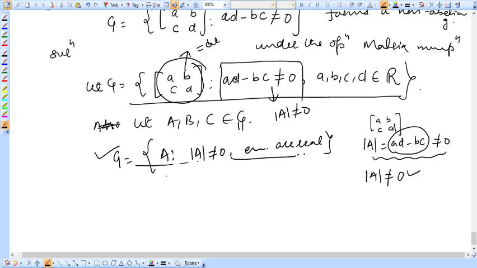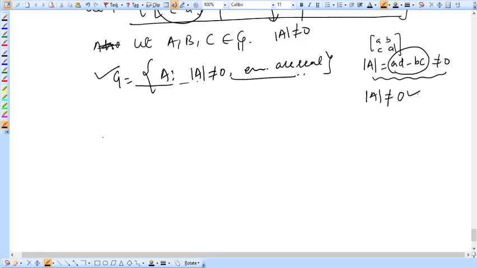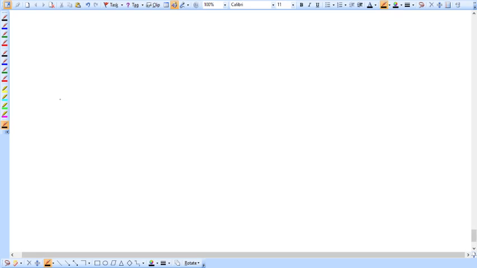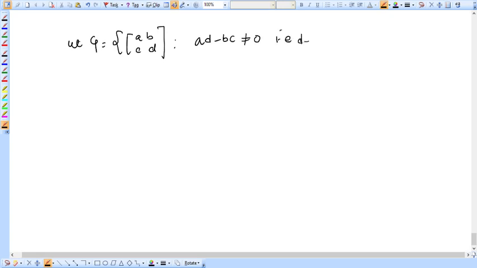So in this case he is trying to say that we are given a set G, such that it contains all those matrices such that AD minus BC is not equal to 0, that is determinant is not equal to 0. Okay, and A comma B comma C comma D belongs to real number, right?